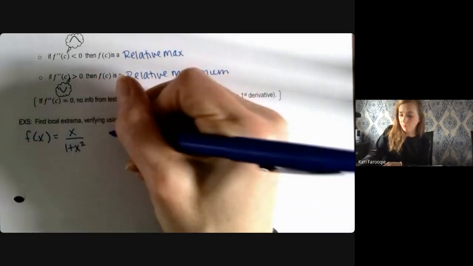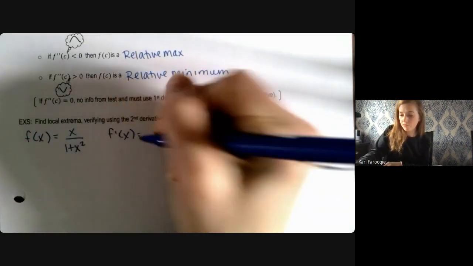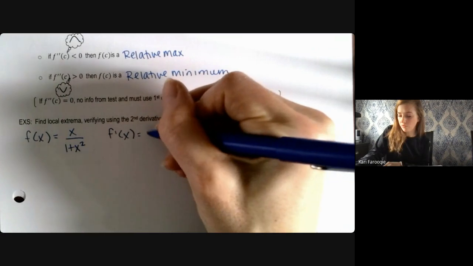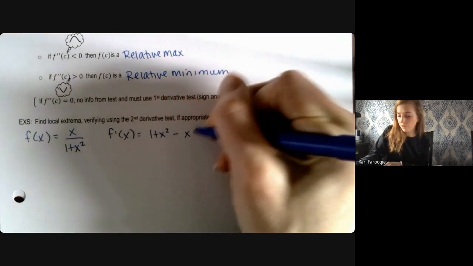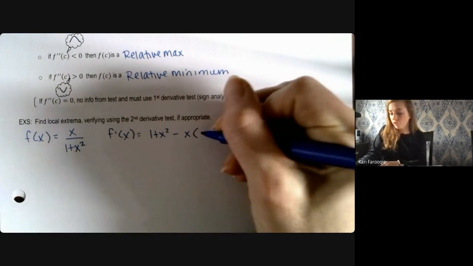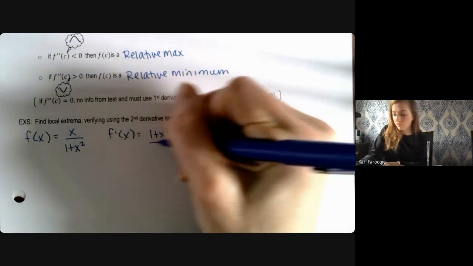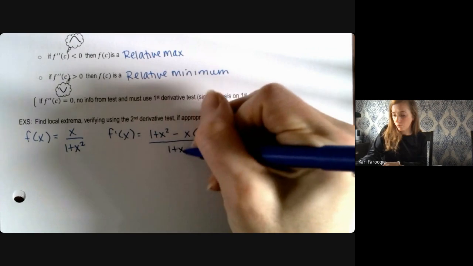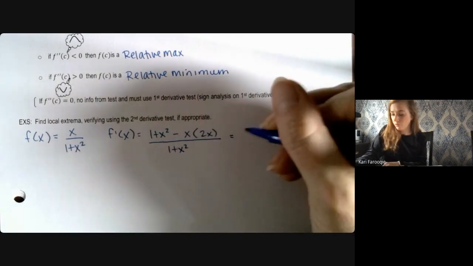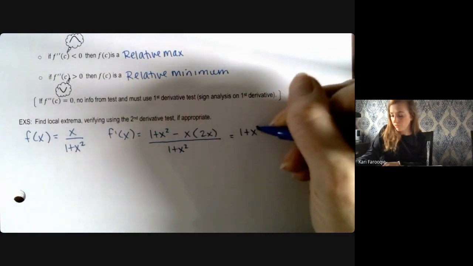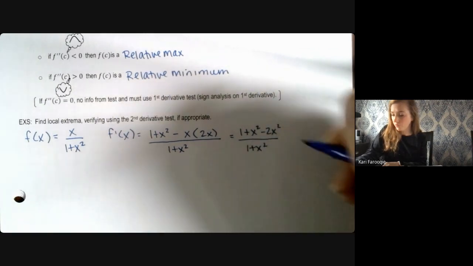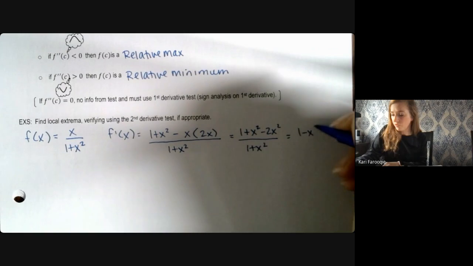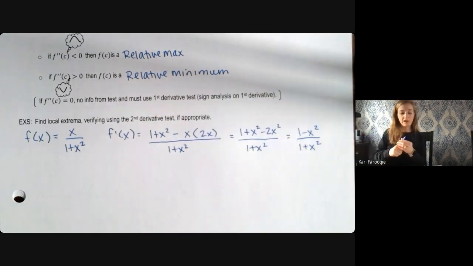f prime of x is f prime g, so 1 times 1 plus x squared, minus f times g prime, which is just 2x, all divided by 1 plus x squared, equals 1 plus x squared minus 2x squared over 1 plus x squared, is 1 minus x squared over 1 plus x squared.